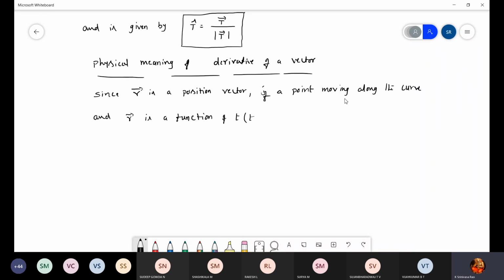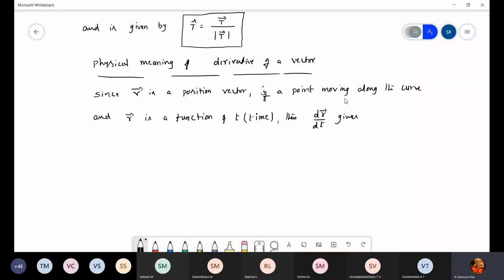Here it is a physical meaning, no? T stands for time. In the geometrical meaning, we took t as a point, giving the slope of a tangent. But now in the physical meaning, if we consider t as time and r as a position vector moving along the curve, then dr by dt gives, anyone?